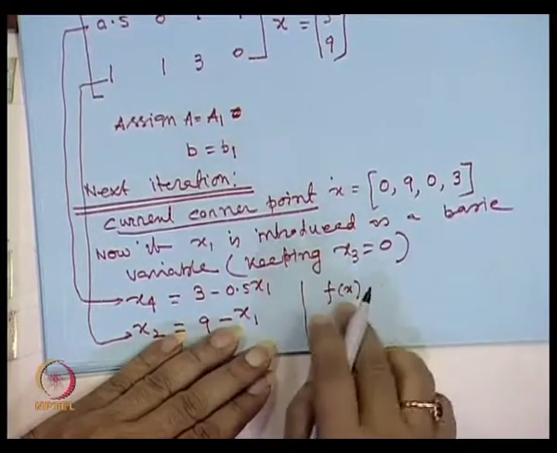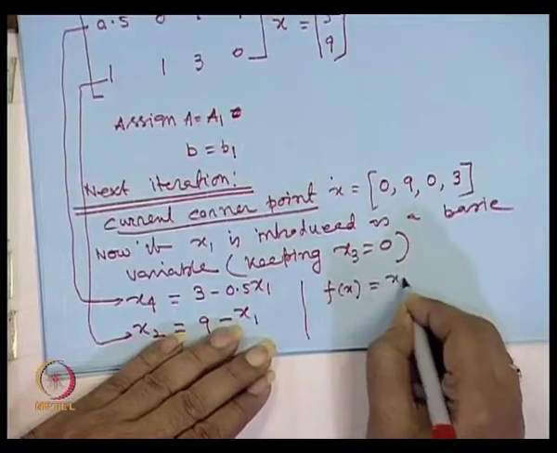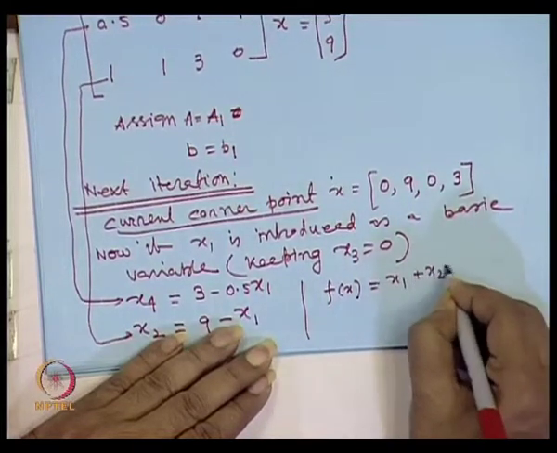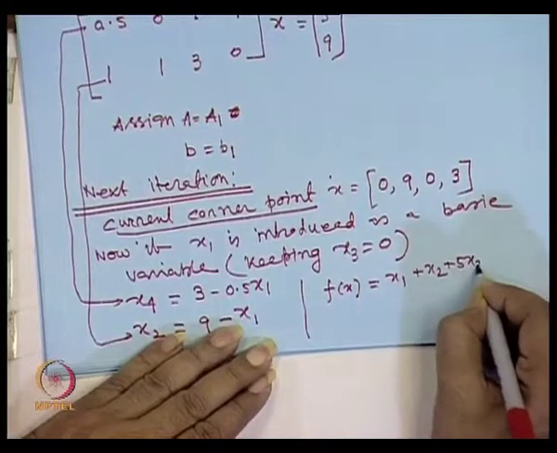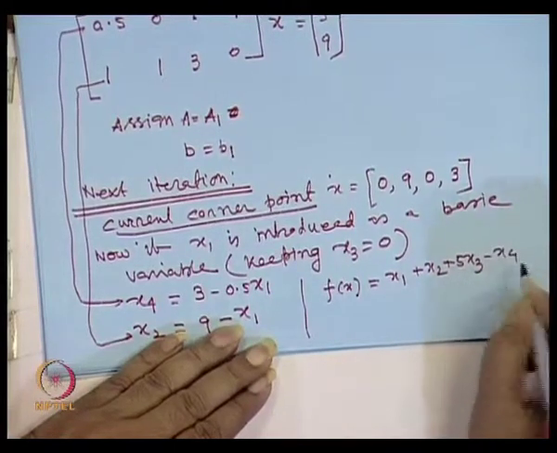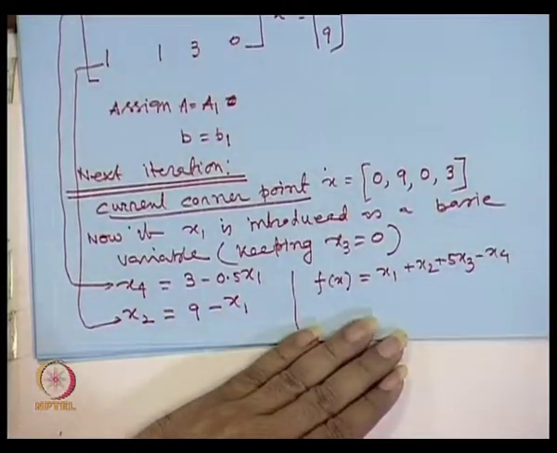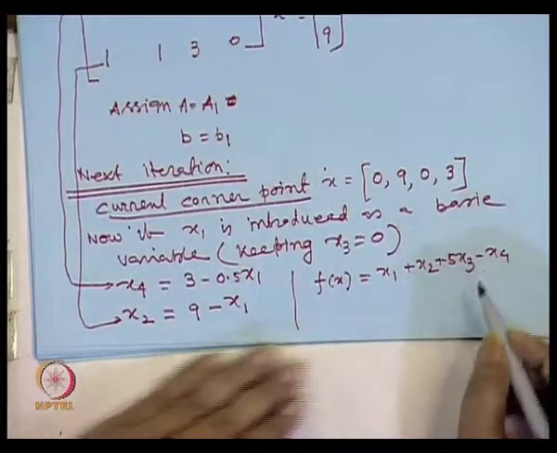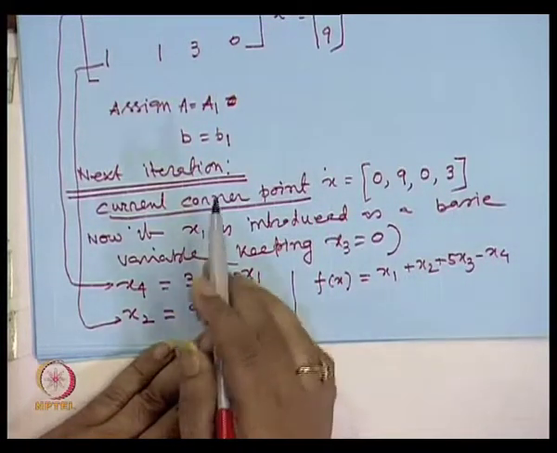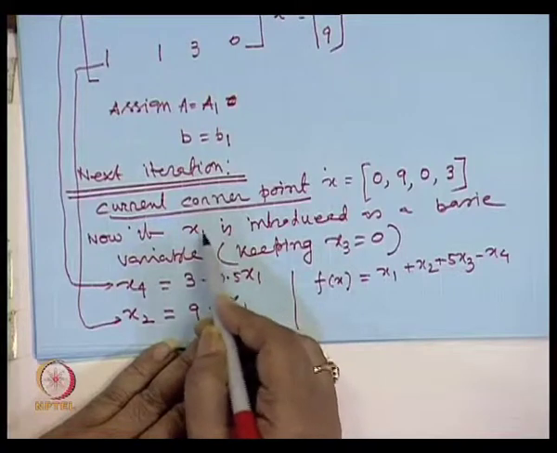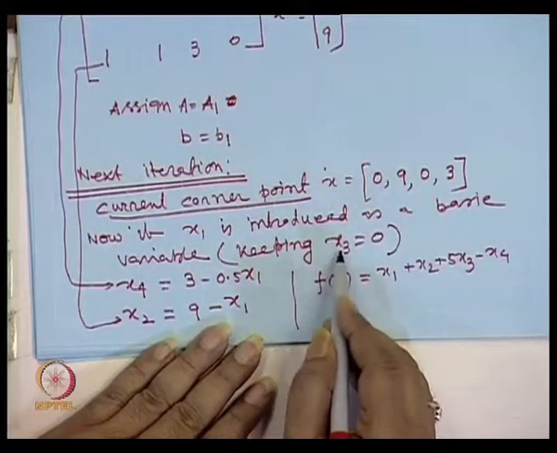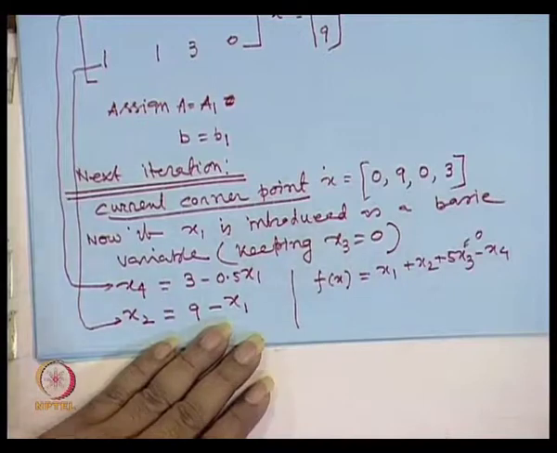Objective function is x 1 plus x 2 plus 5 x 3 minus x 4. Our basic variables have changed now, x 1 is a non basic variable that we have changed to a basic variable, and x 3 value is 0.